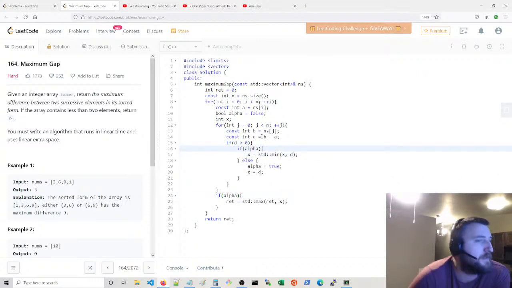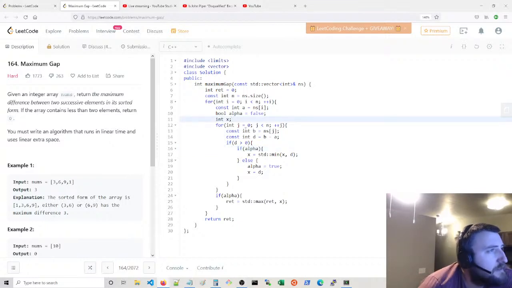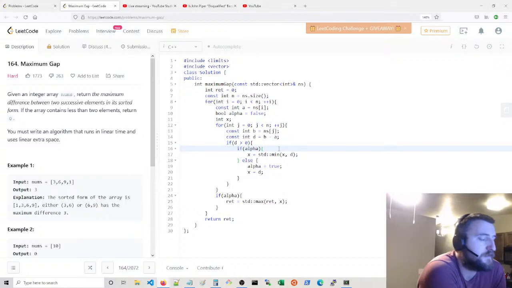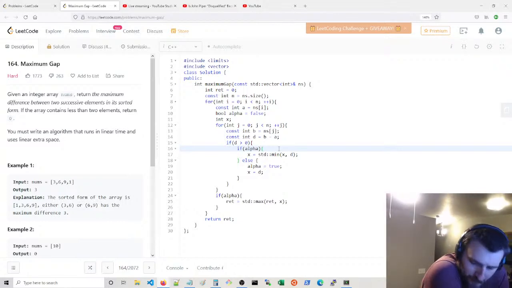But can this be optimized? Is the question. Well, not really. Can we store something somewhere? Maybe we can store the differences at certain indices.